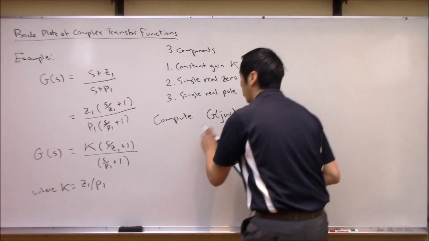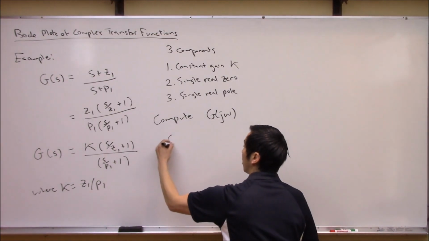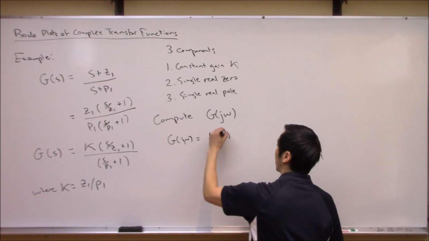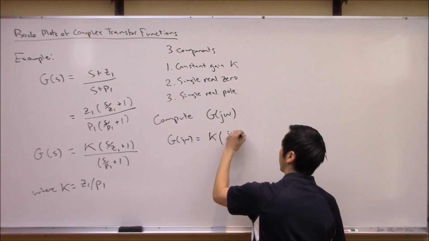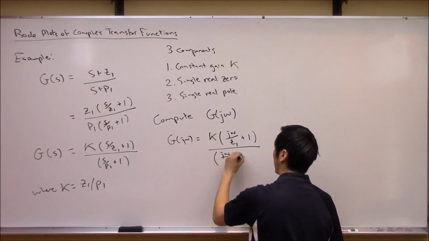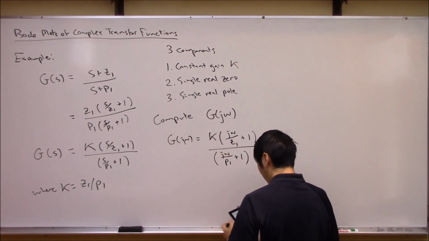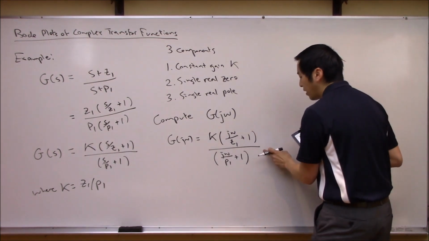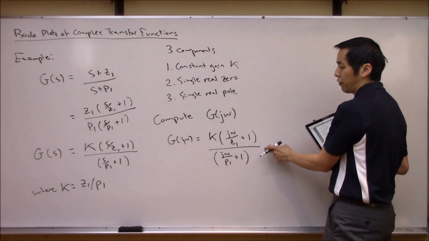So in this case, G of j omega is just k times (j omega over z1 plus 1) all over (j omega over P1 plus 1). And now the next step in the Bode plot was understanding the magnitude and phase angle of this complex number.